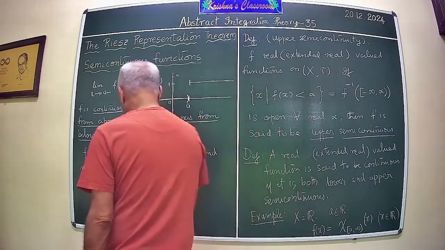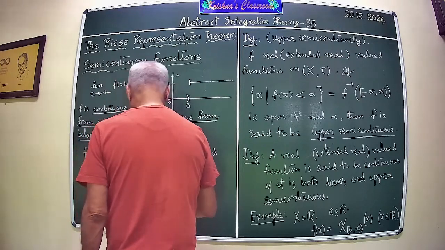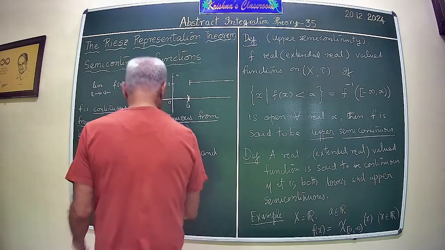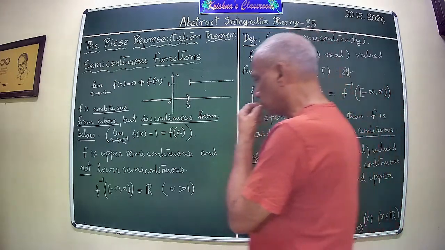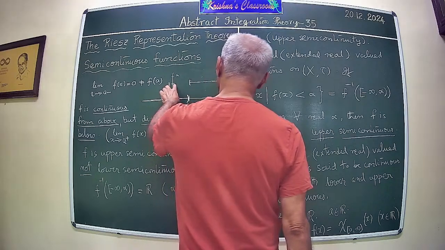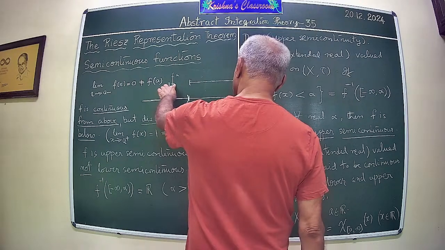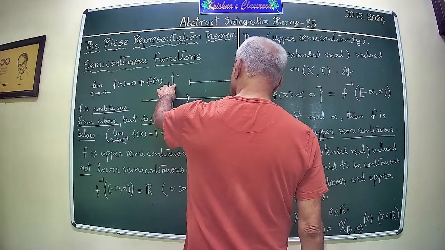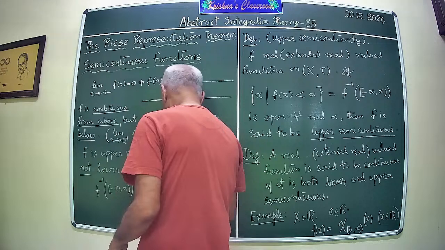Then this is equal to the whole of R when alpha is greater than 1. And what happens if alpha is equal to 1?